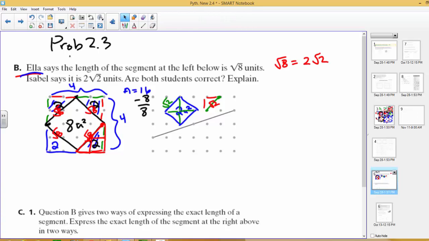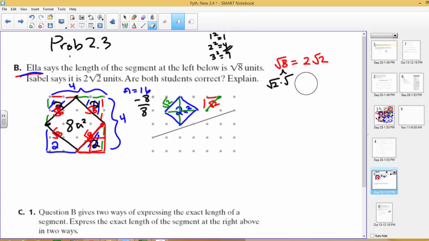Now, you will be experts at solving square roots, but we haven't done this yet, so I'm just going to kind of give you a little appetizer. Think about all of your perfect squares. So 1 squared is 1, 2 squared is 4, 3 squared is 9, and so forth. So 4 goes into 8. So you could actually rewrite 8 as 2 times 4.